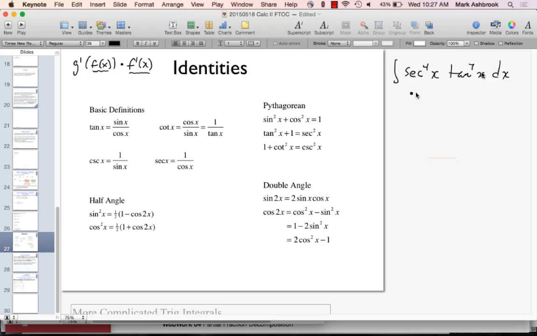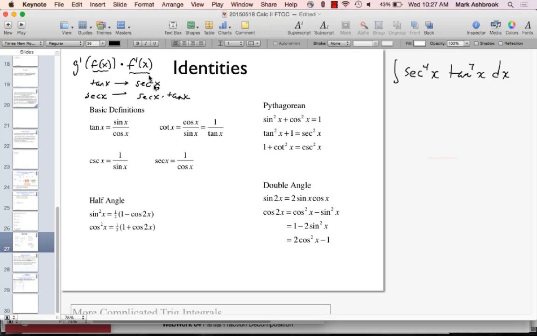So for instance, in this case, we can consider maybe an interior function of tangent. That would mean the derivative of what? Secant squared. Or maybe an interior function of secant, that would result in a derivative of secant tangent.